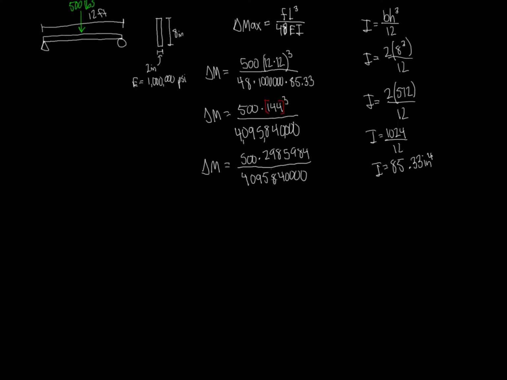Definitely make sure you're changing it into inches. So we're going to take that number and multiply by 500, and coming down to the end here, delta max on the numerator is 1,492,992,000, all over 409,584,000.